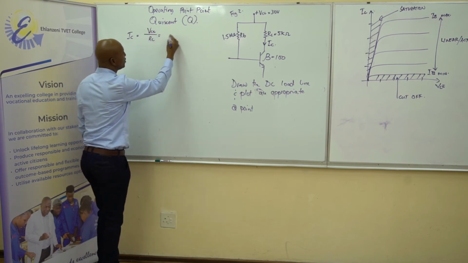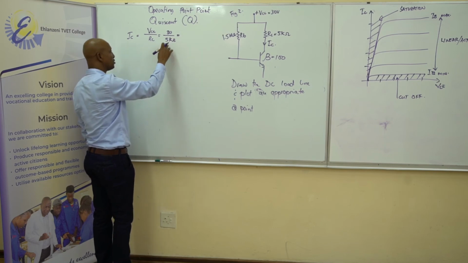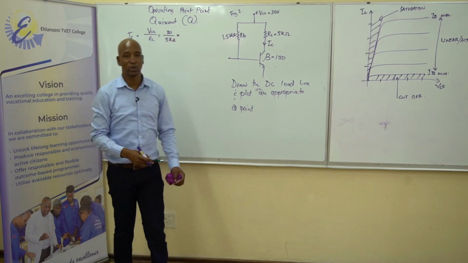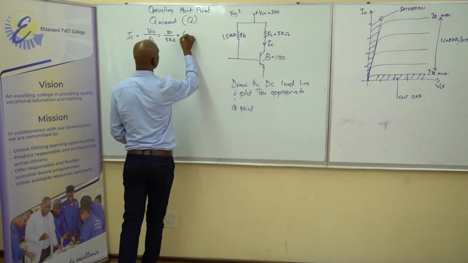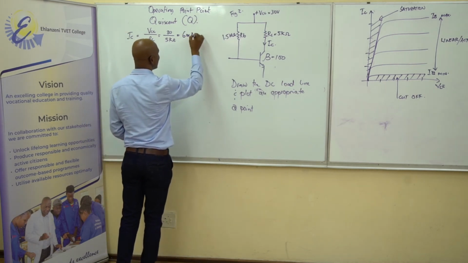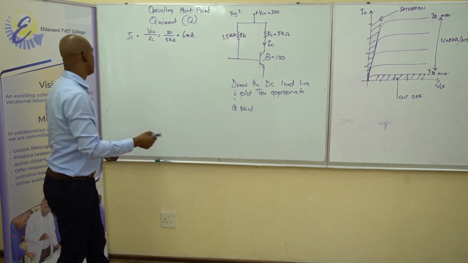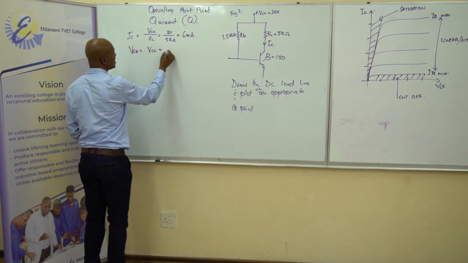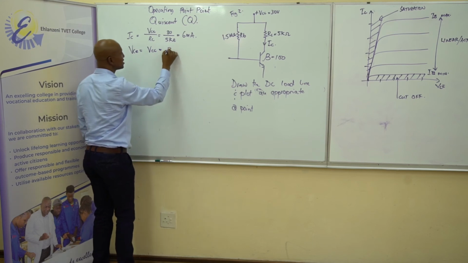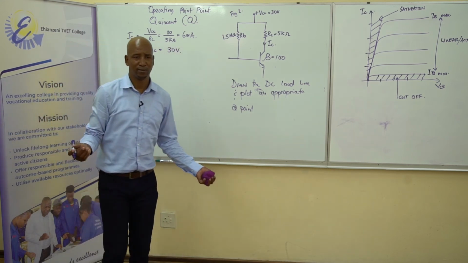In this case, it will be 30 over 5 kilo ohms. Kilo, we all know by now that we multiply that by 10 to the power 3. And that will give us a value of 6 milliamps. Good. Now, the other part, VCE, we now know shall be equal to VCC, where our VCC is equal to 30 volts.